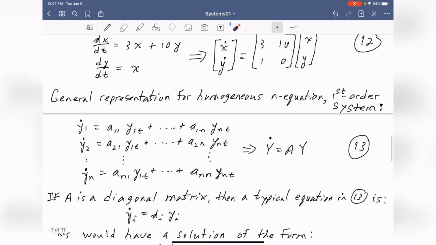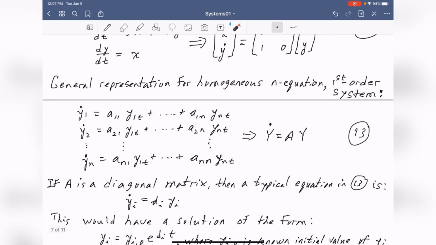The general representation for the homogeneous n-equation, first order system, is then given by, and now we've replaced the x's with y_2, y_3, and all the way up to y_n. And we take the first derivatives with respect to time, which means we put these dots on top, and we get y_1 dot equals a_11 y_1t plus dot dot dot a_1n y_nt.